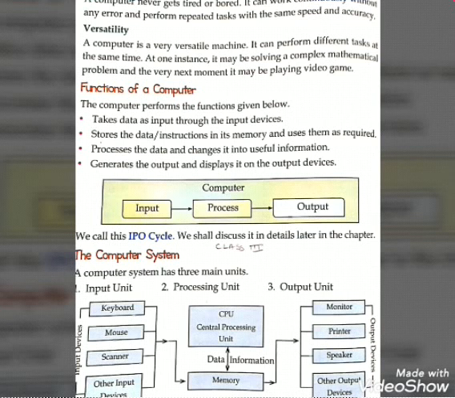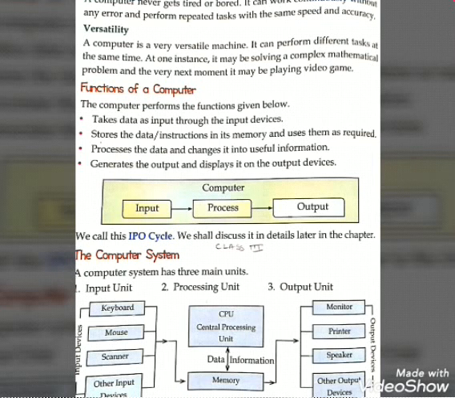Second, it stores the data and instructions in its memory and uses them as required. Third, processes the data and changes it into meaningful information. Fourth one, generates the output and displays it on the output devices.